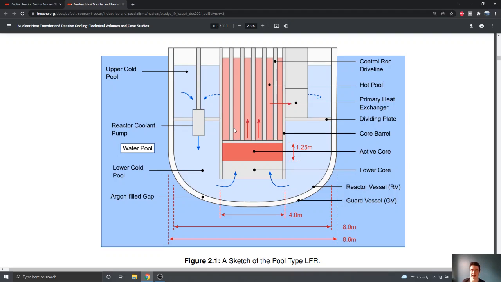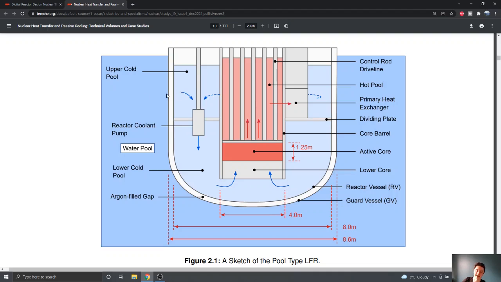But how this particular reactor works is the entire unit is sitting in a large swimming pool. So what that will mean is that the reactor itself, when that coolant is no longer circulating around the core to cool it, the entire reactor is going to start heating up. And what's going to happen is the heat's not being transported away by the primary heat exchanger.